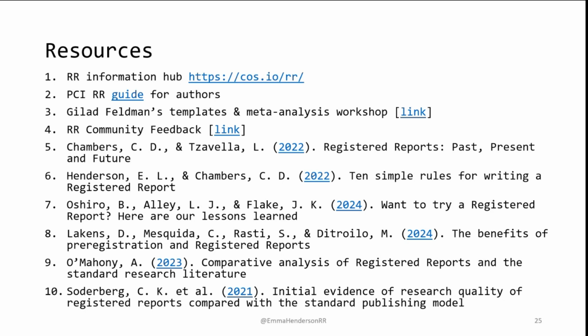If you have a small deviation, you would just report that transparently in the stage 2. You would just say, we planned to do this, but this happened, so we did this. If it is something larger, then you need to go back to the editor and tell them this issue has come up and we need to deviate.